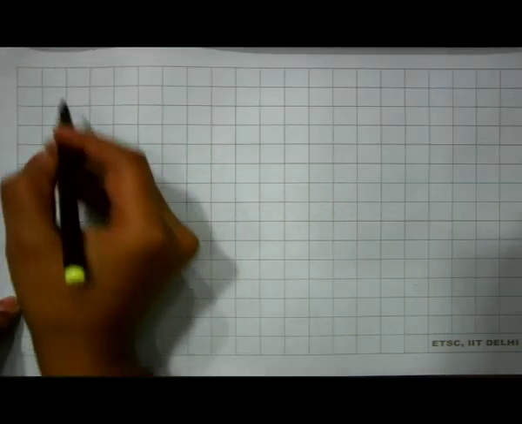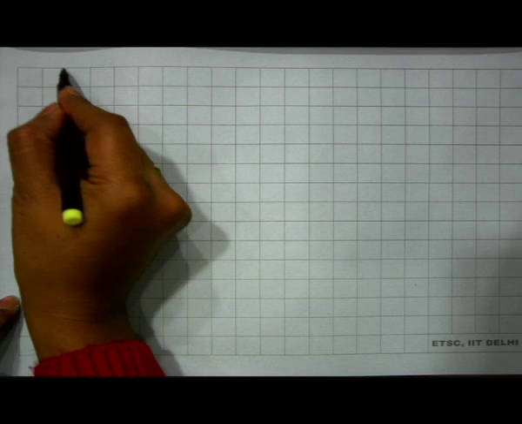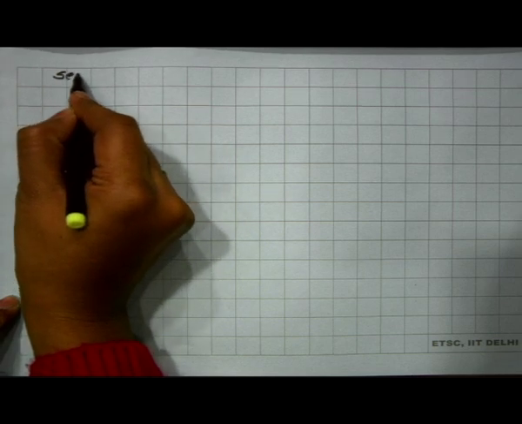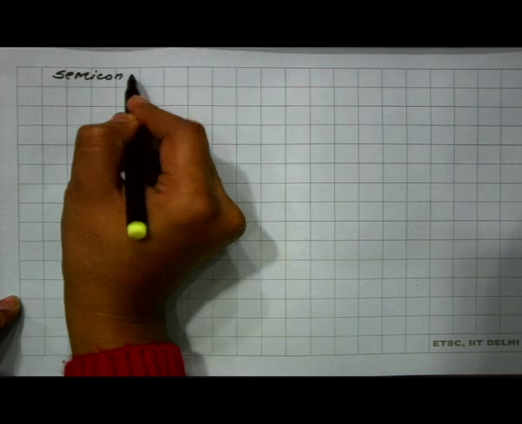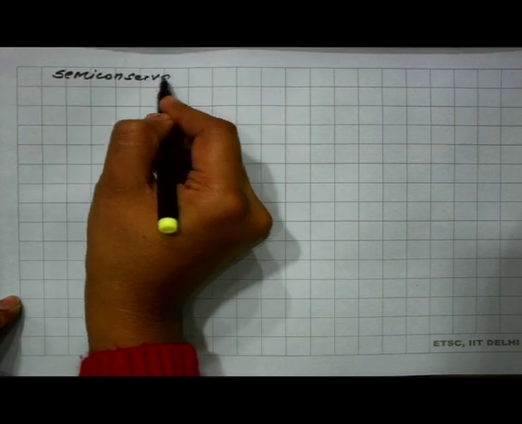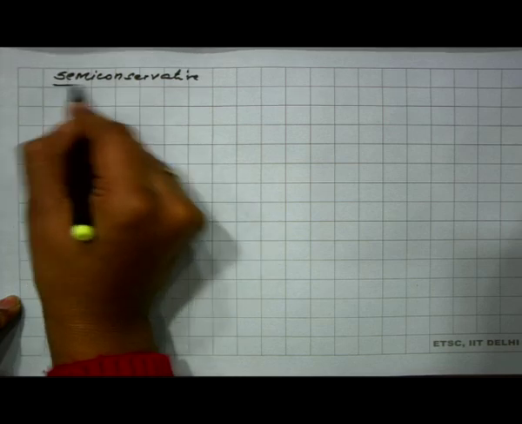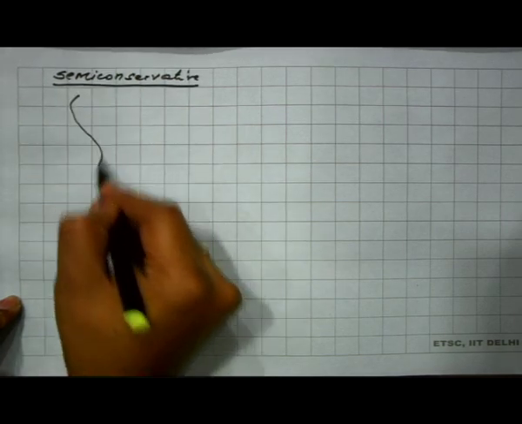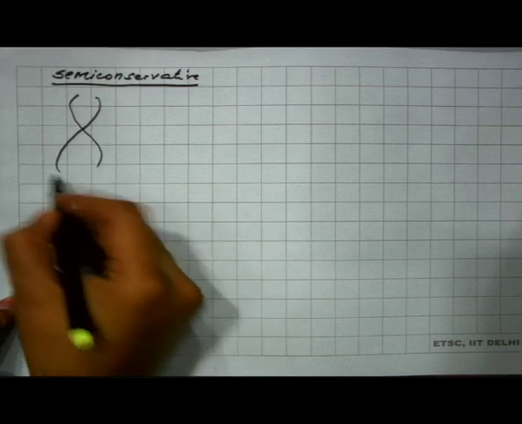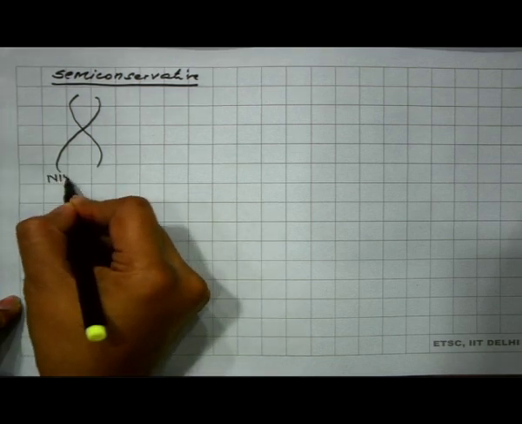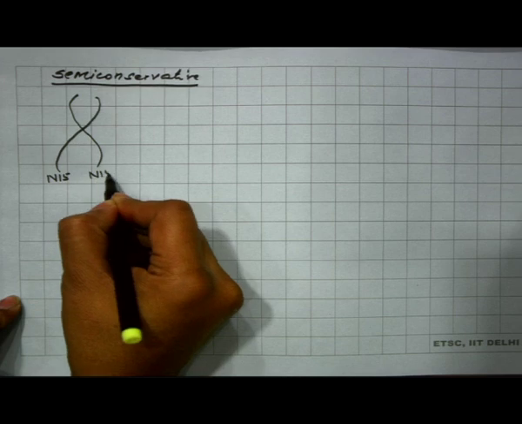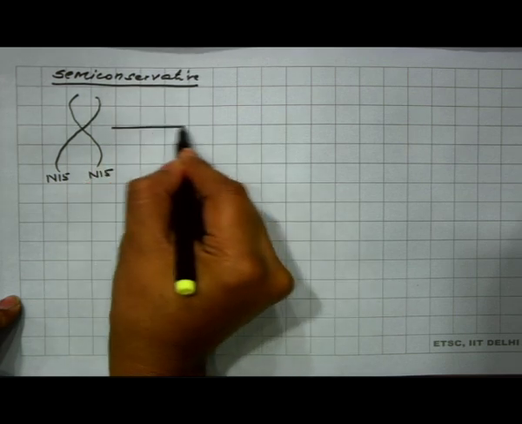Suppose DNA is being replicated in the semi-conservative model, then what would be the result? This is a parental DNA. Parental DNA is having N15 nitrogen in both the strands.